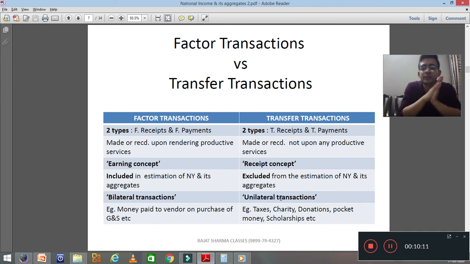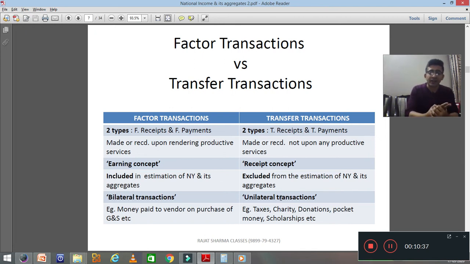Let's quickly understand this topic, factor versus transfer transactions. I went to the shop, I paid some money and got something in return. I went to the salon, paid money, got a service. They are two-sided transactions.